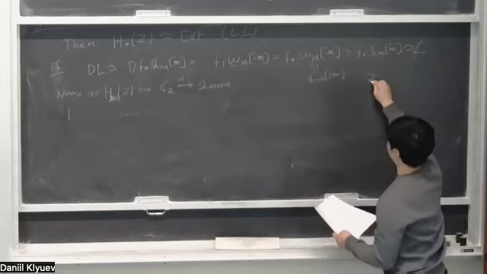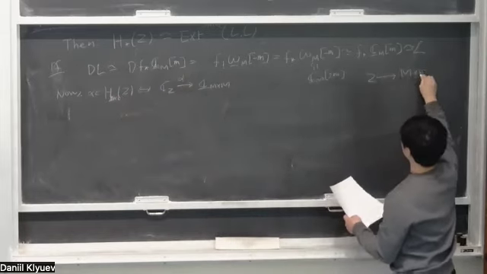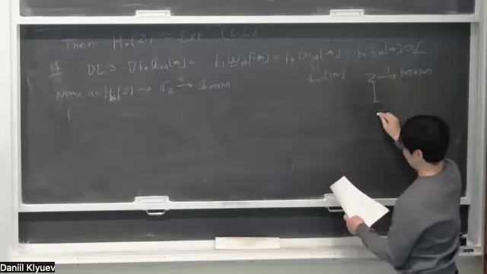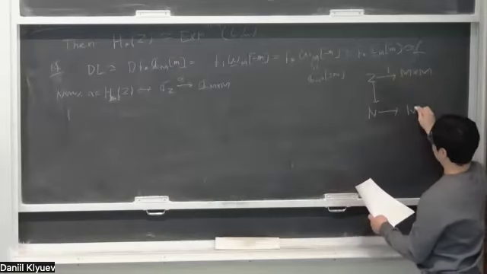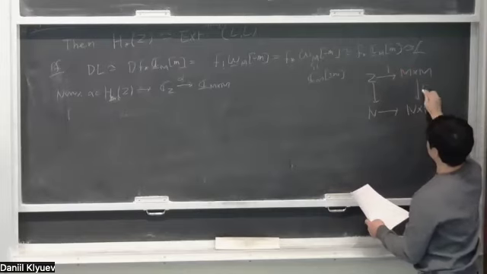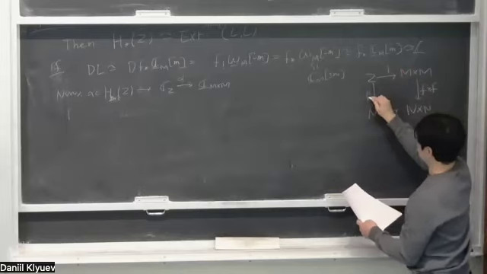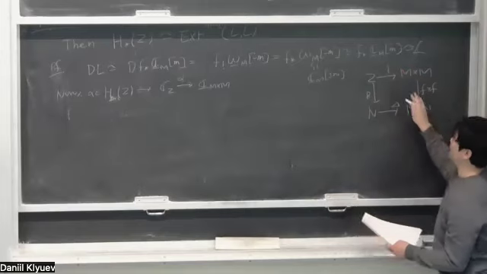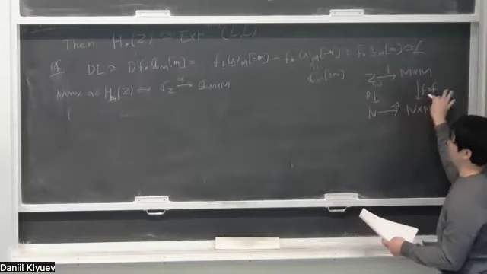And consider the diagram. Given by this, and this is a Cartesian diagram.